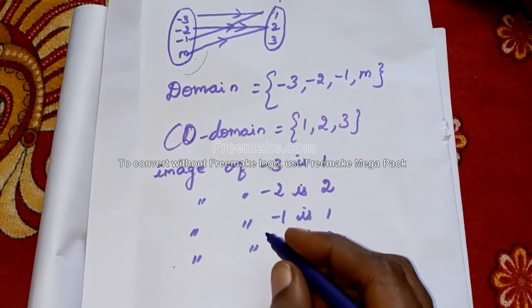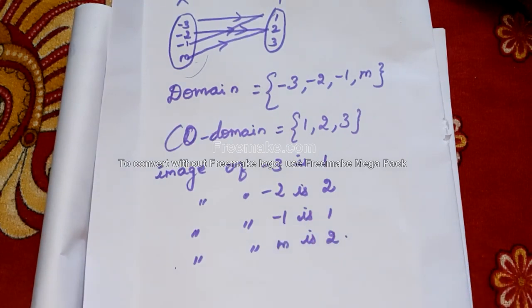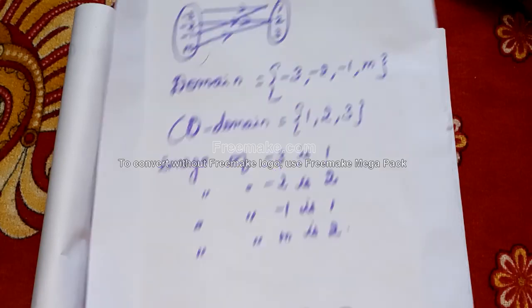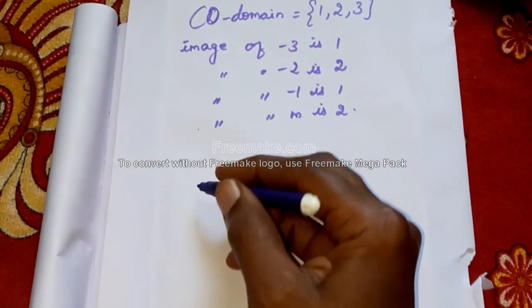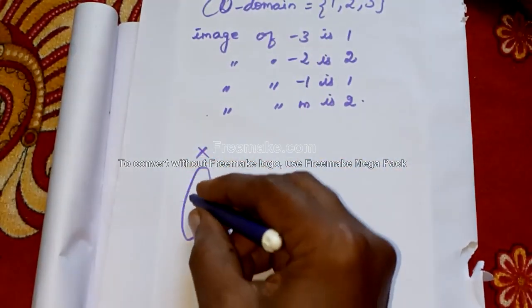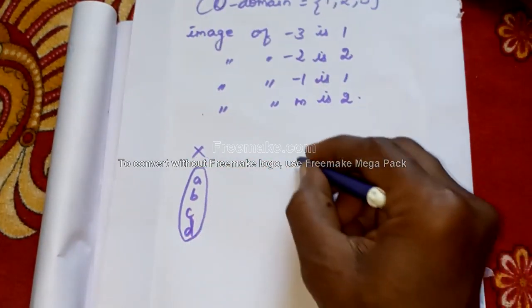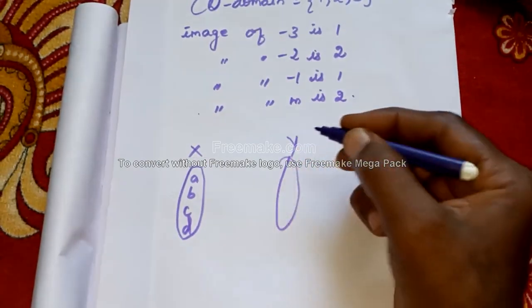When we can say it is not a function, with another example, I am explaining that when we can say that is not a function. One example, set x is {a, b, c, d}. Set y is {x, y, z}.